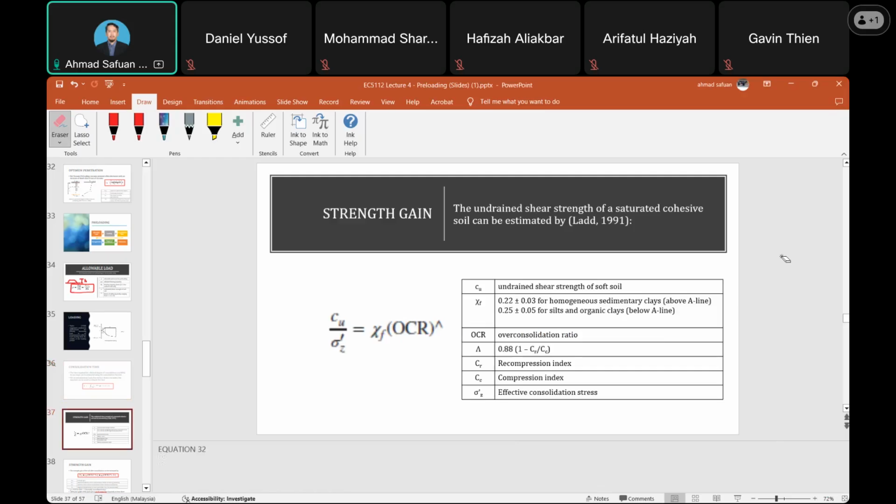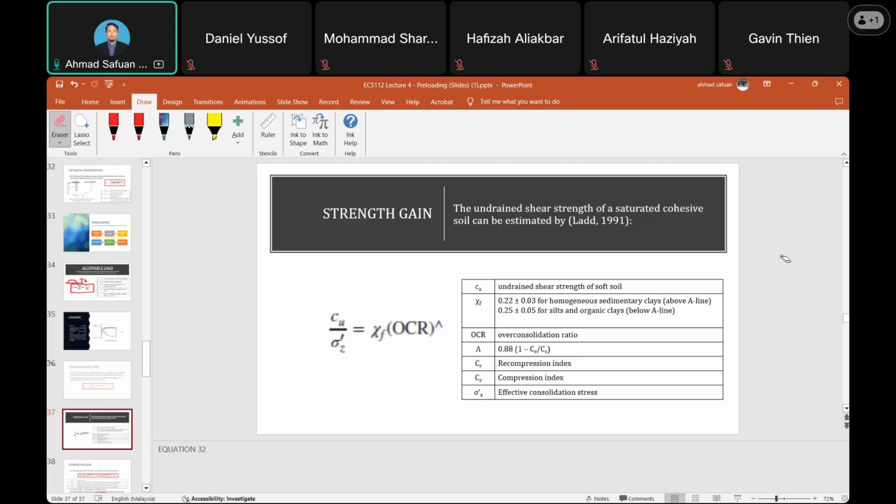The undrained shear strength of a saturated cohesive soil can be estimated by using this equation. Once we have applied a preloading on the soil, we want to determine what the strength will be after the completion of stage number 1, to be used during stage number 2.